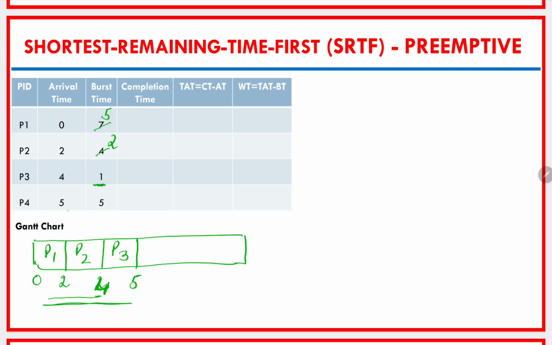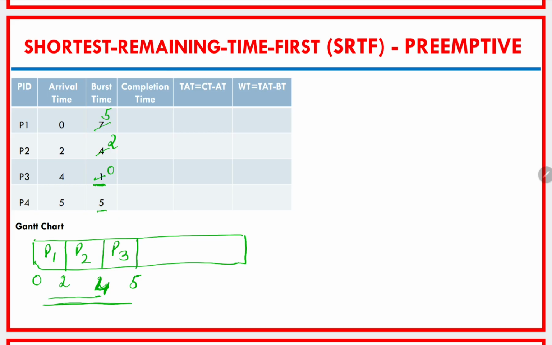As of now, the execution with the CPU has gone for 5 milliseconds, that is, at t equal to 5, P4 has also arrived. But P3 needed the CPU for only 1 millisecond, and it has utilized it. So P3 has completed its execution. Its burst time is now 0, obviously, because this process has terminated.